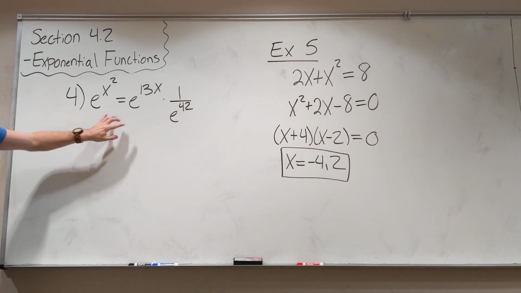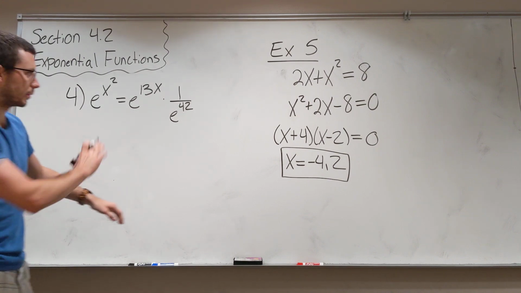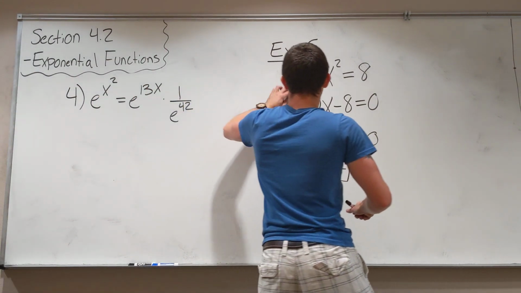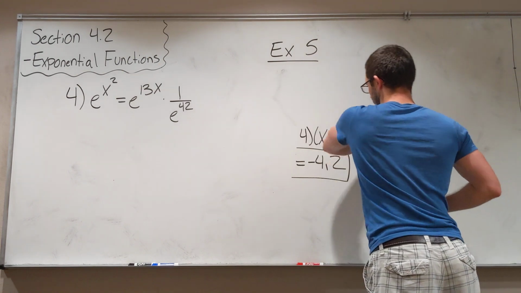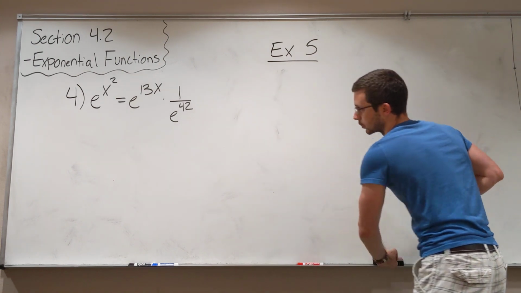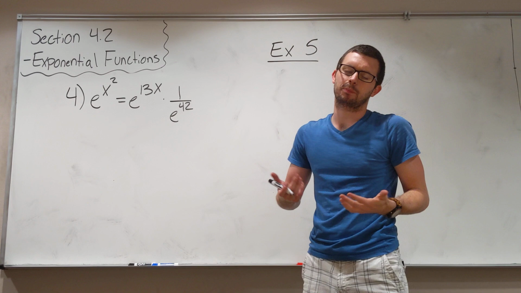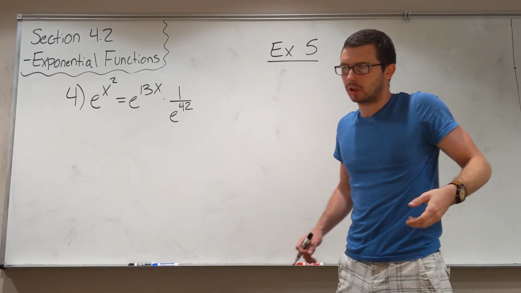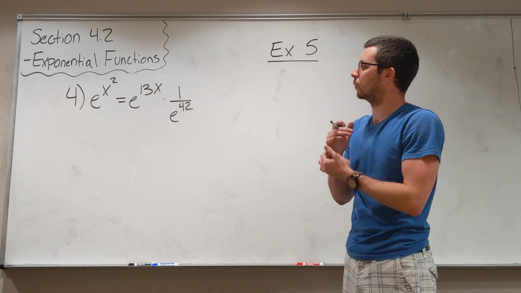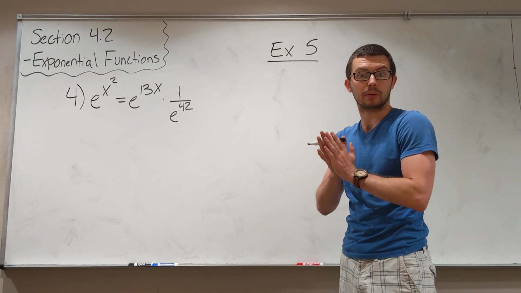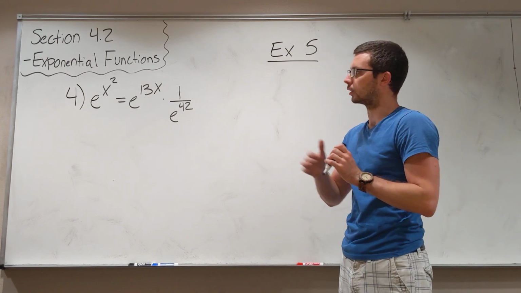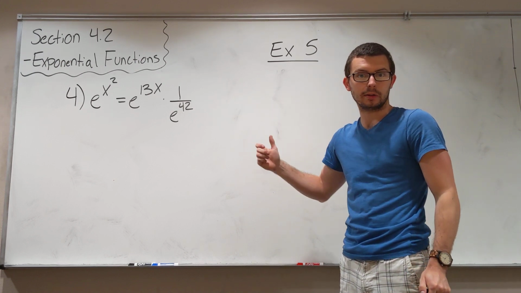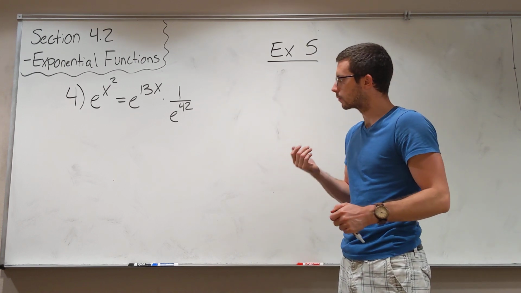So now we have a problem with a bunch of e values. And so for this problem, my suggestion is to just treat e as if it were the number 2 or the number 4 or something. It's the same idea still. We're trying to get like bases on the left and the right so we can cancel them out.